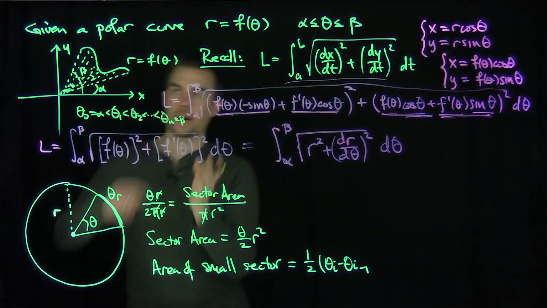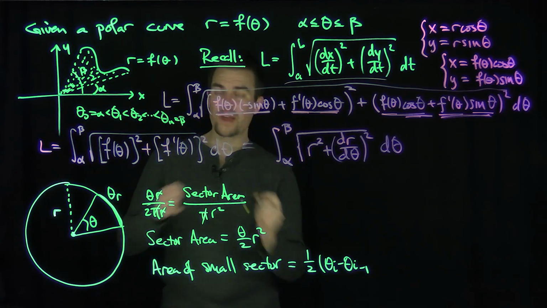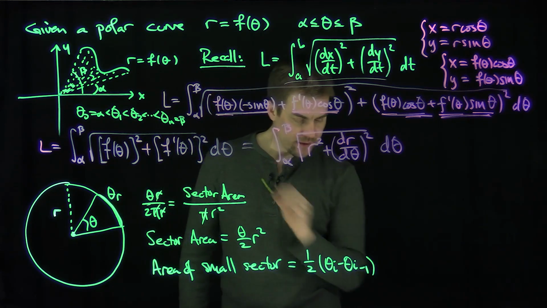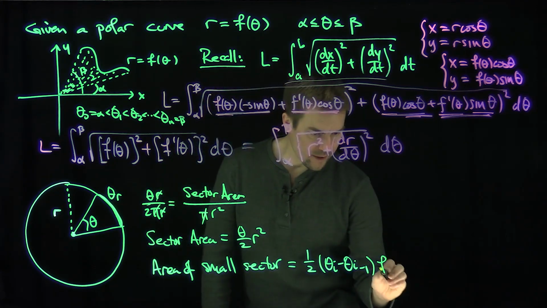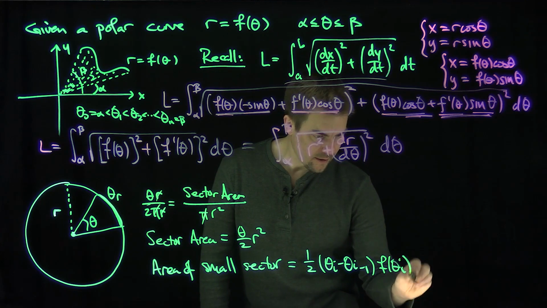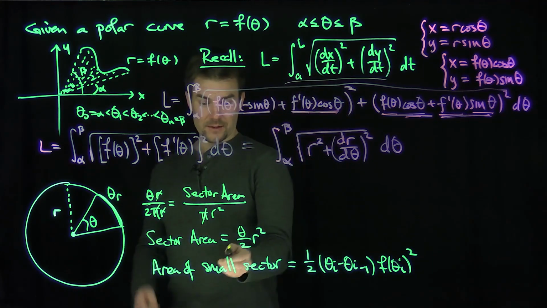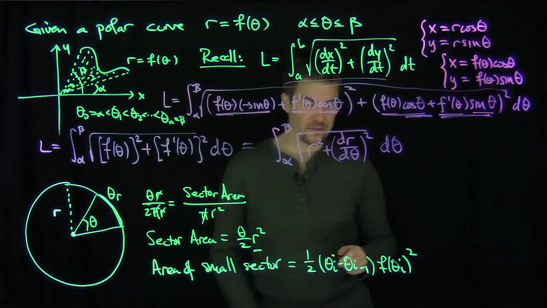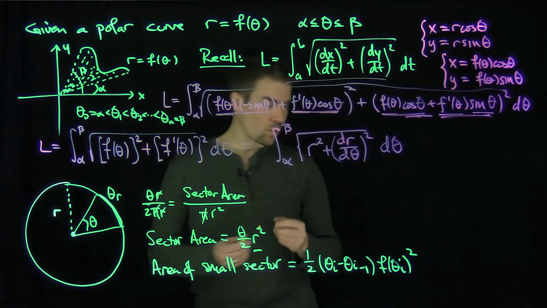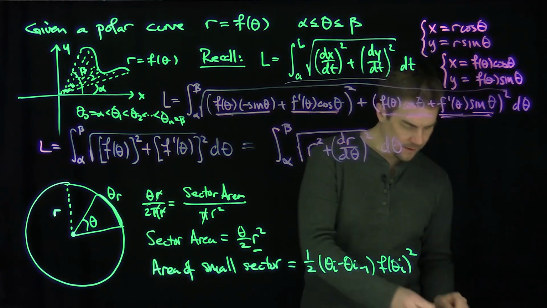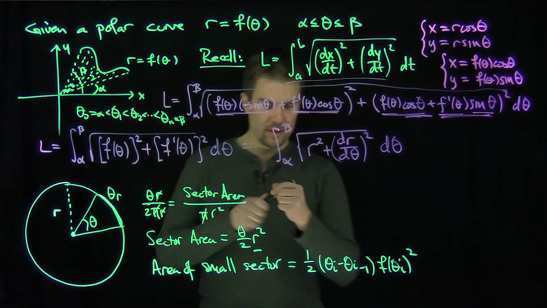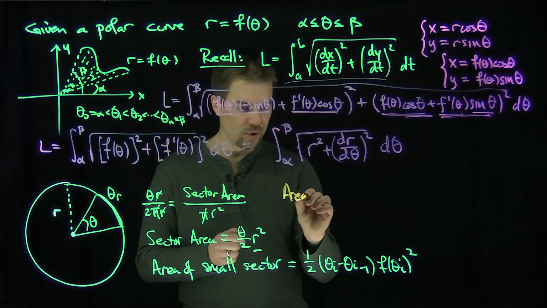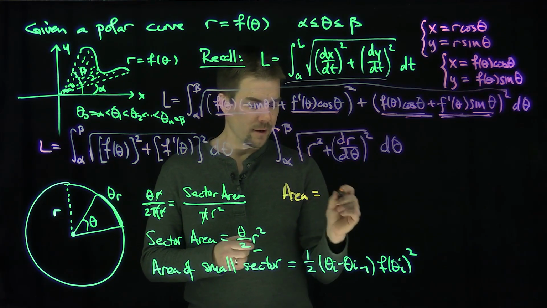So if I partition that sector between alpha and beta with n small angles, and then what? And then times f of what? The function of theta i squared, right? In other words, my radius is in terms of f of theta. So if I add up all these things, that tells us what? This will tell us that the area between the polar axis and that sector is going to be what?